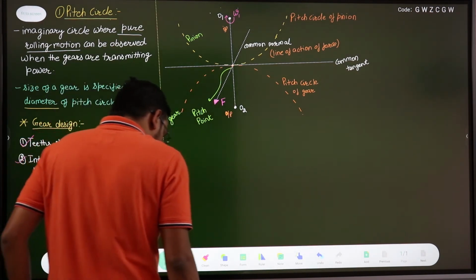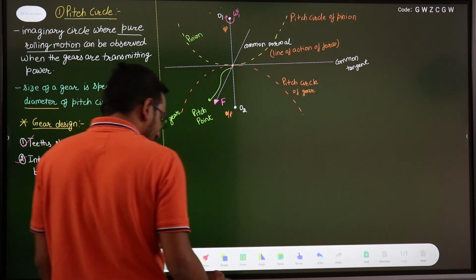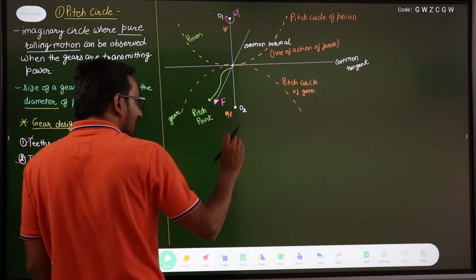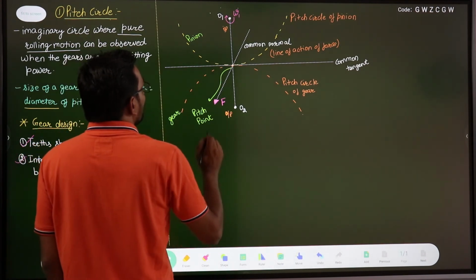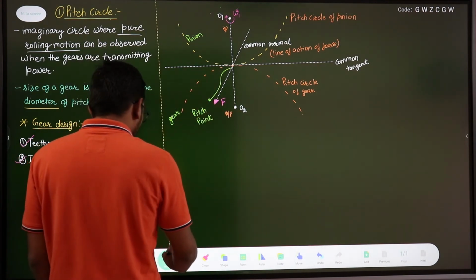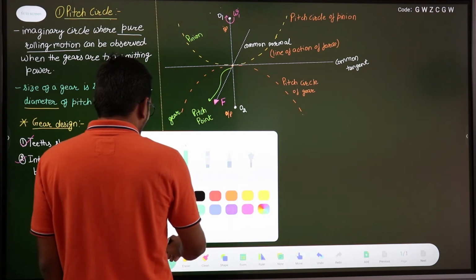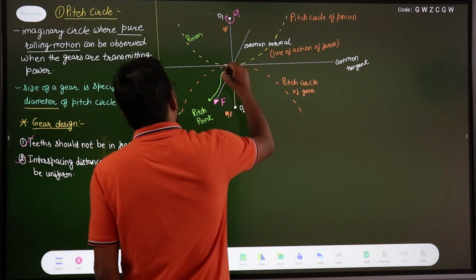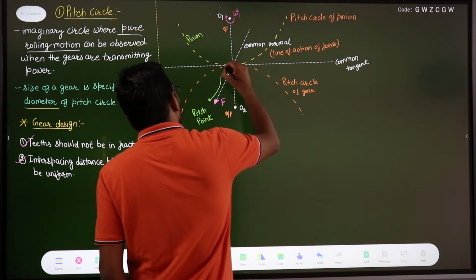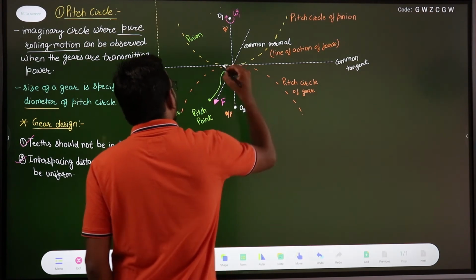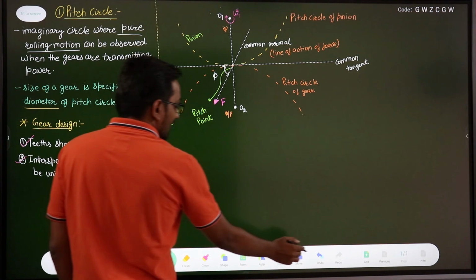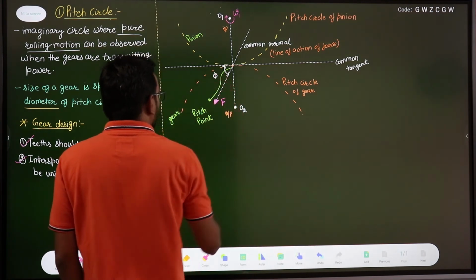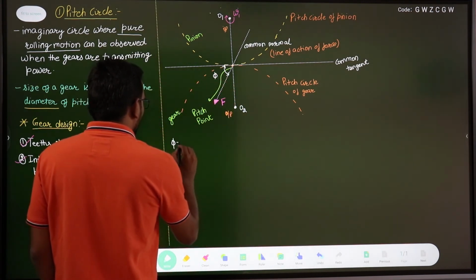Now, why is this common tangent so important in gear design? Suppose the angle between the common tangent and the common normal is phi. Phi is known as the pressure angle.